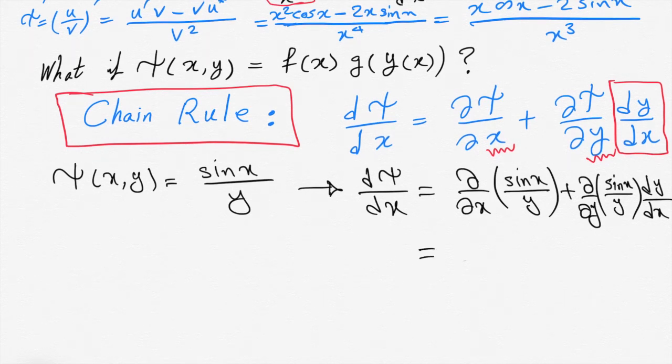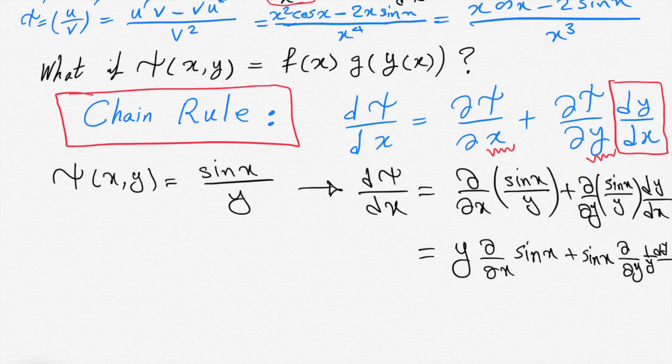So here we can take out the y part, and therefore it's going to be this. And here we can say that we can take out the sine part, and we say partial over partial y of 1 over y times dy over dx, right?